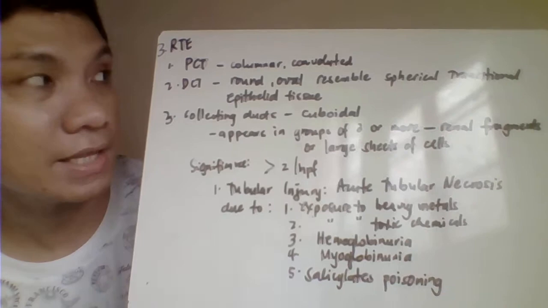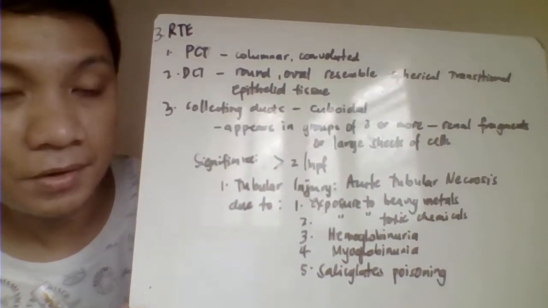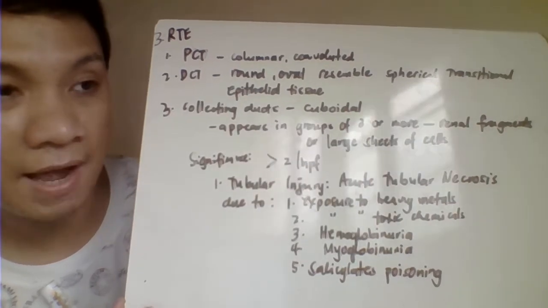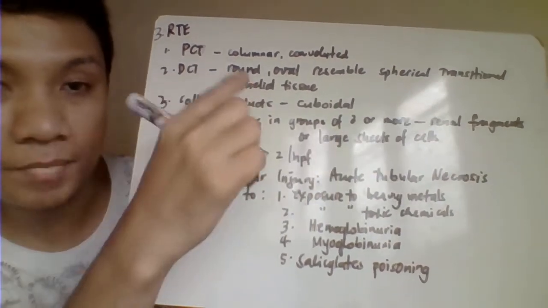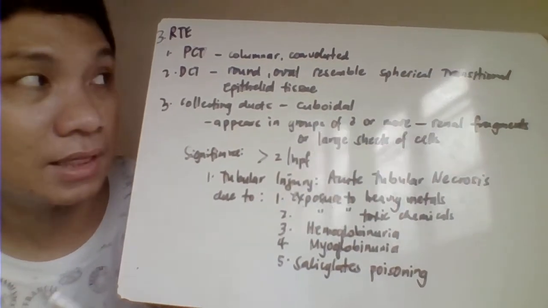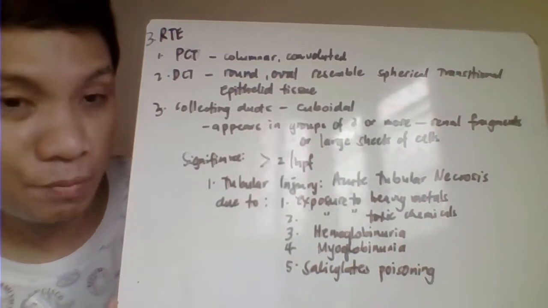This could be originating in your proximal convoluted tubules. In the proximal convoluted tubule, this is the renal tubular epithelial tissue which appears to be columnar and convoluted because it's trying to assume the shape of your renal tubules.